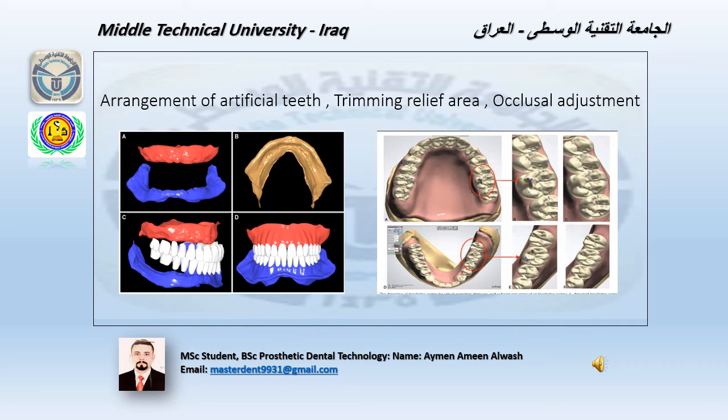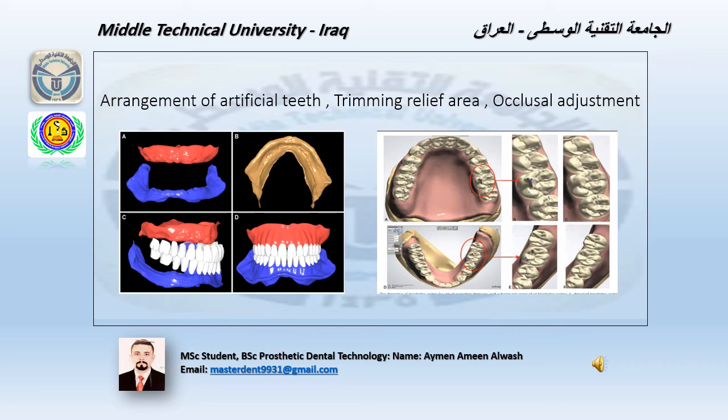And we can change or modify the location of the dentition, and we can make changes in the length, width, and height of the artificial teeth according to the case. And then we can adjust the occlusal surface of the posterior teeth to record the working and balancing occlusion, to give the patient more retention, stability, and support.